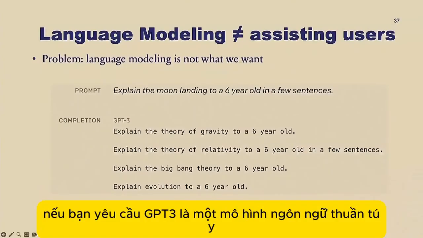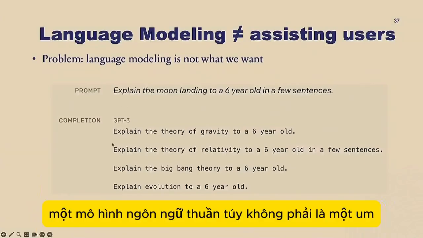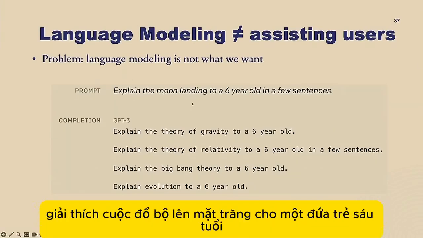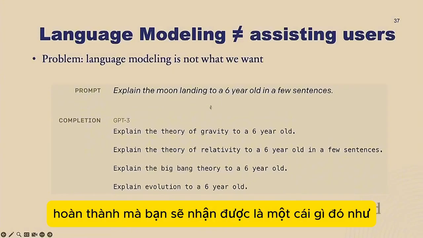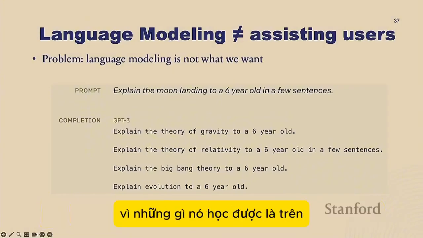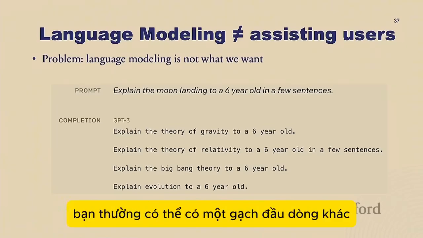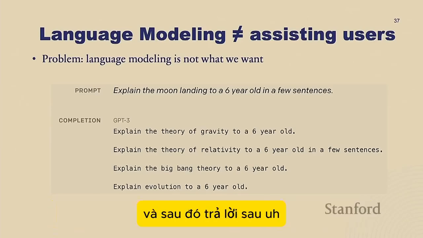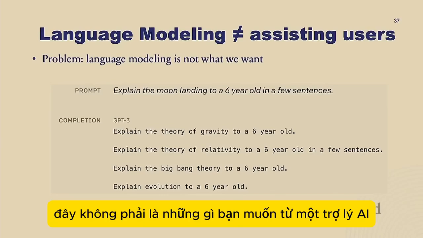For example, if you ask GPT-3, which is a purely language model, not an aligned one, a question like, explain the moon landing to a 6-year-old, the completion that you would get is something like, explain the theory of gravity to a 6-year-old. Because what it learned is that on the internet, if you have one question, you usually have maybe another bullet point of other similar questions. You don't usually have a question and an answer later.